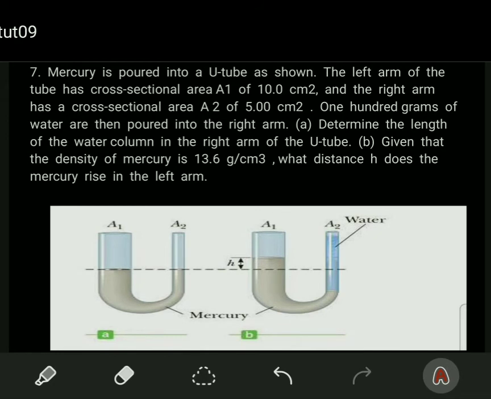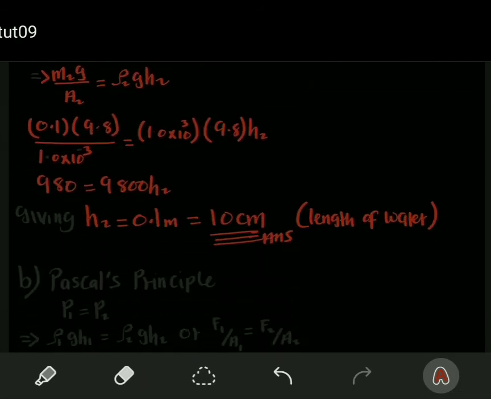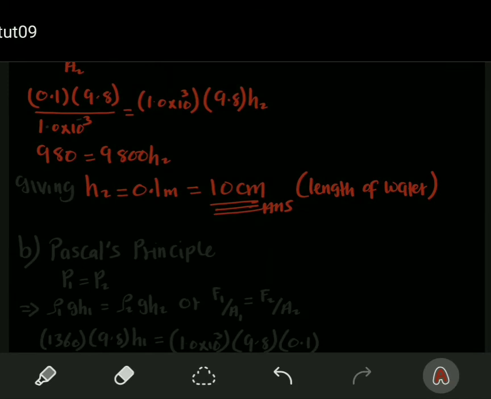After adding all that water, the system remains stable, or rather at equilibrium. So once that happens, the pressure on the left is going to be equal to the pressure on the right. To obtain the height of the mercury in the left column, we are going to use Pascal's principle, which tells us that the pressure on the left must equal the pressure on the right.